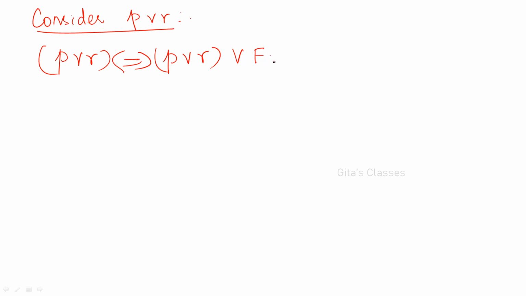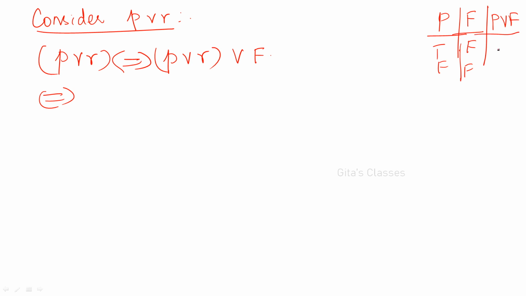Here you have R, so I am going to introduce F. P∨F is P only. If you want, I'll explain how. P, F, T, F, F, F. So if you write P∨F, what will happen? Here T, F. What is TF? It is P.